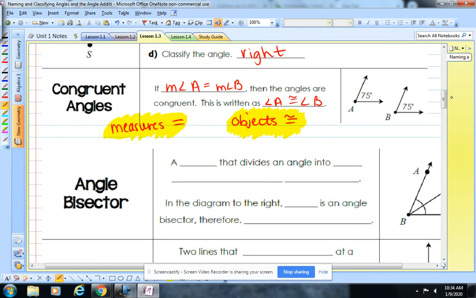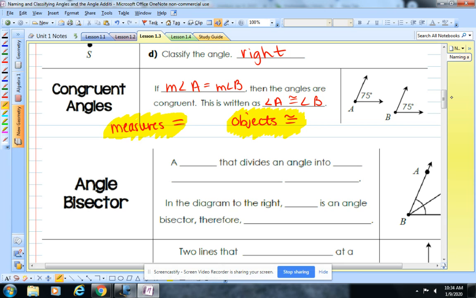All right, turn to the second page. Page 2, I believe. I think I have them numbered, don't I? Okay, turn to page 2. All right, now, just like we had segment bisectors yesterday, we're going to have angle bisectors today. What did a bisector do yesterday? It cut it exactly in half into two congruent pieces, right?